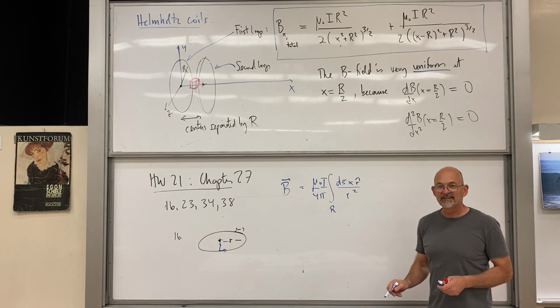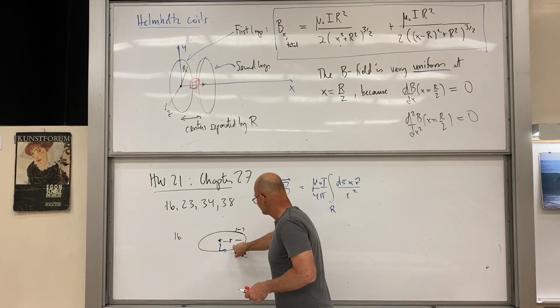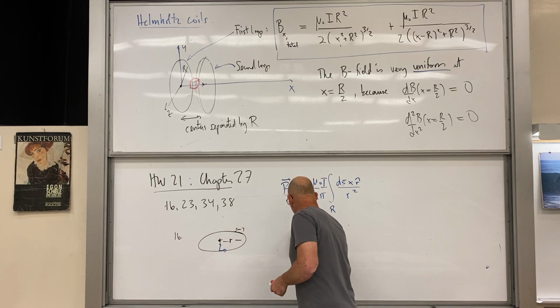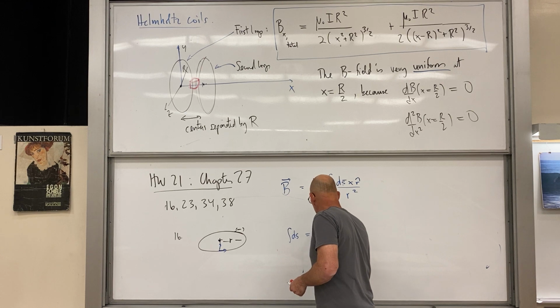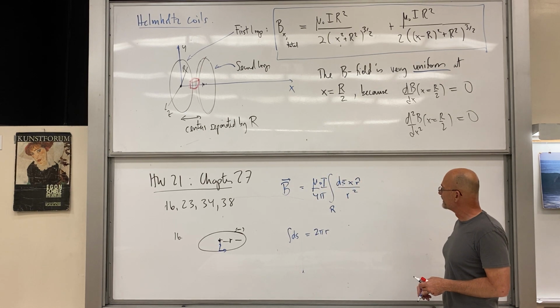But how can we say that there's a current? Well, we have our length element. When we integrate ds, we get just 2 pi r, and we integrate around the circle.